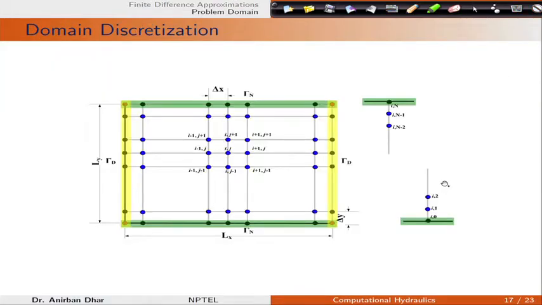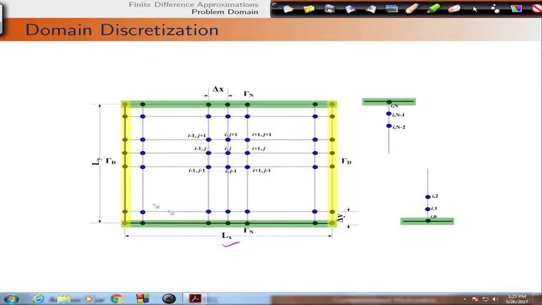So, domain discretization: this is Lx, this is y, Dirichlet boundary, Neumann boundary. An important point is the corner points. For corner points, we can consider them either in the gamma n domain or in the gamma d domain.